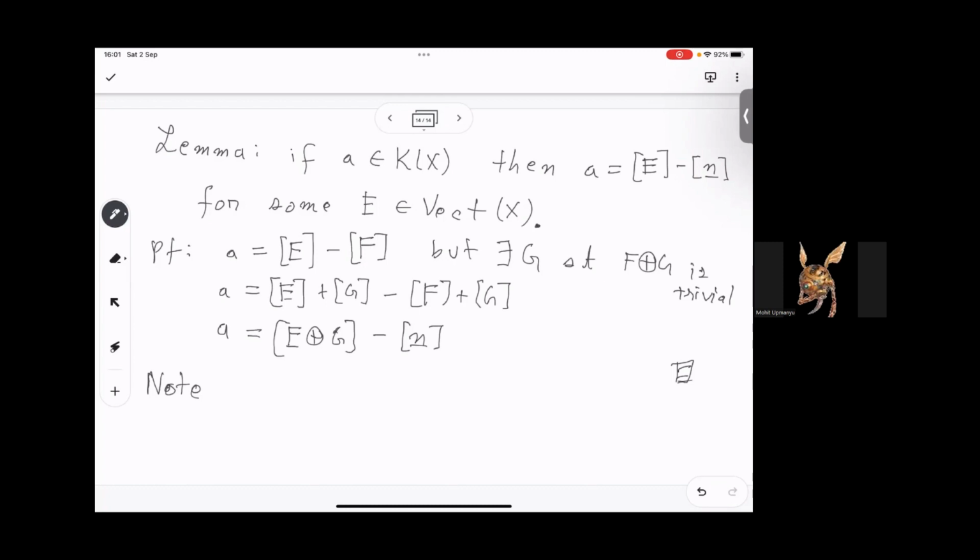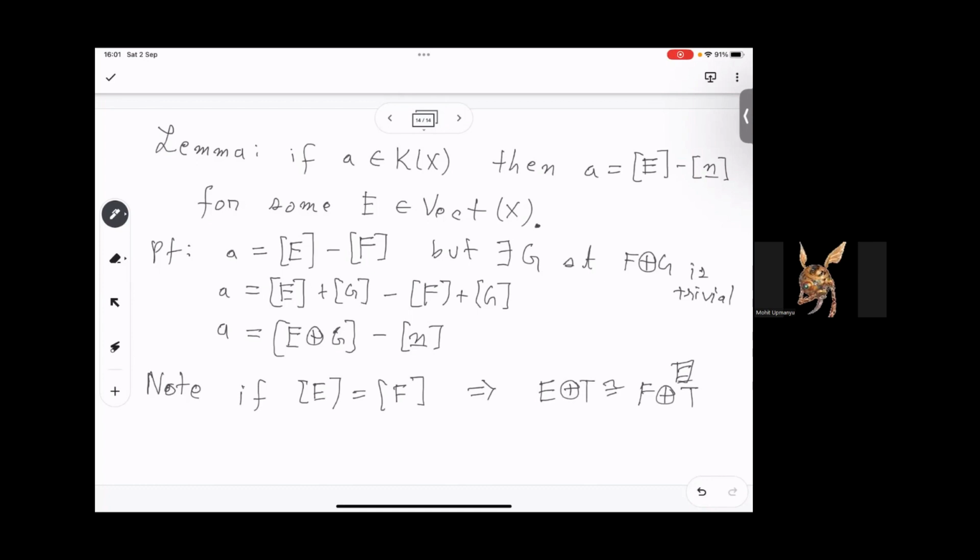So note, if the class of E is in fact equal to the class of F, then we know that this implies E direct sum T is isomorphic to F direct sum T. This is basically how we defined the equivalence relation.